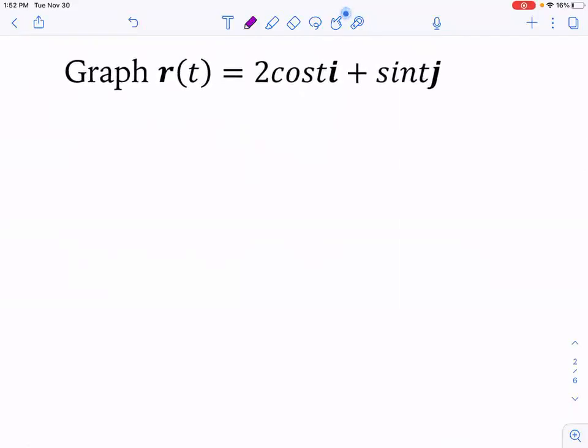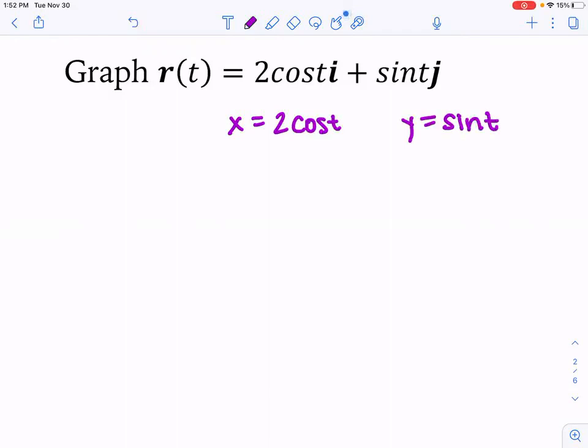All right. We're gonna graph this guy right here. Now, it is not very efficient for us to just plug in coordinates. We still can go back to how we graphed with parametric, where we eliminate the parameter. So in this case, we know that x is 2 cosine of t and y is sine of t.